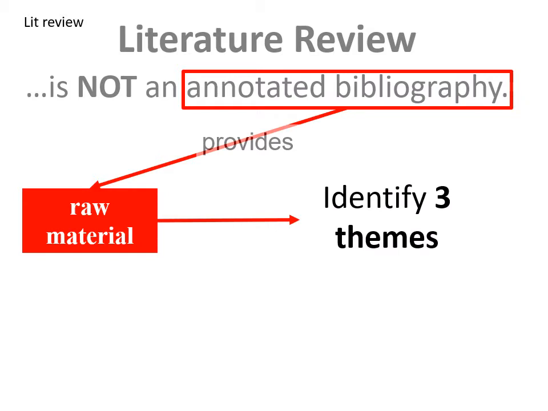From this raw material, from your annotated bibliography, you will identify 3 themes. You will sort this raw material into what you think are the 3 most important themes that your reader needs to know about, not just in your literature review, but also probably for your research proposal, though you are allowed in your research proposal to change your themes.